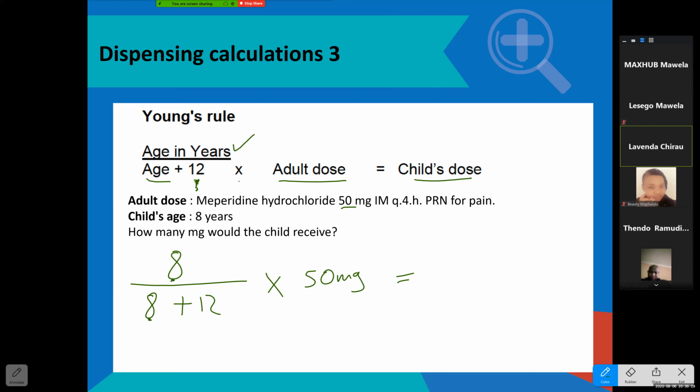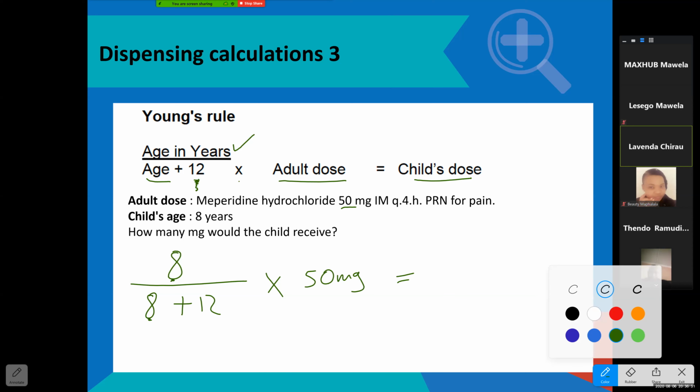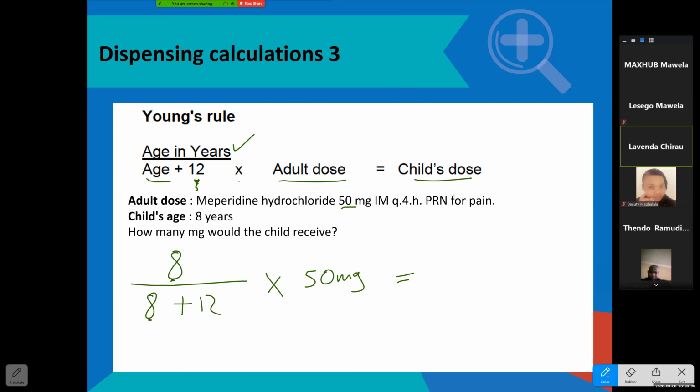So if you look at it, solving one of the problems separately. You have 8, then what is 8 plus 12? That will give you 20. Do you see? Yes.